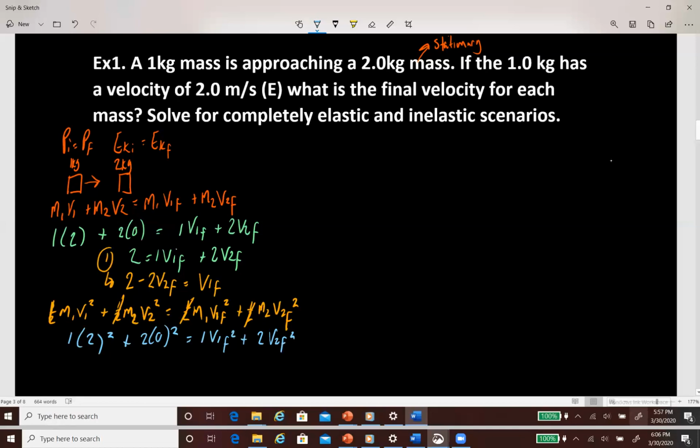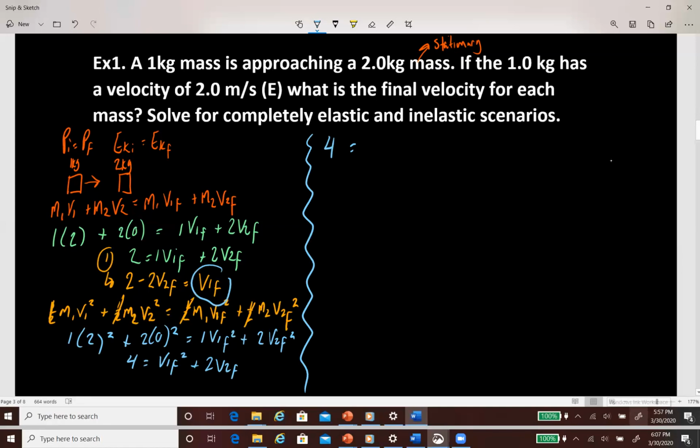So it's going to give us 4 is equal to v1f squared plus 2 v2f squared. Now we know what v1f is from over here, so we can put that into our equation.